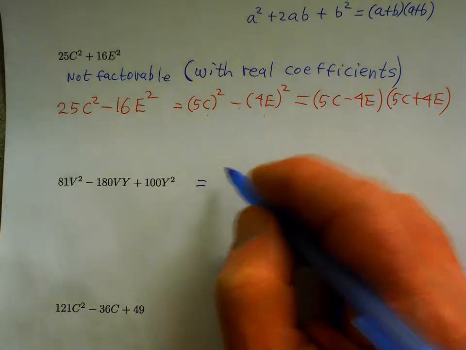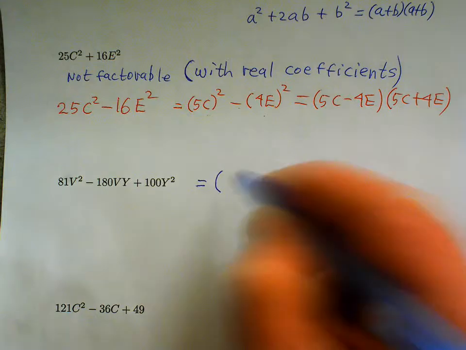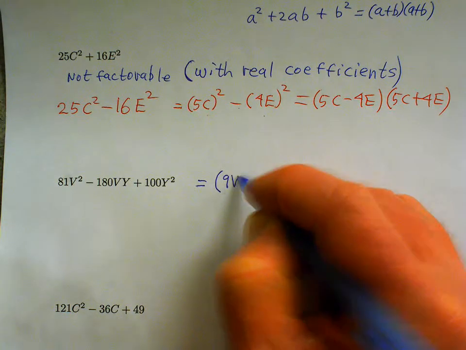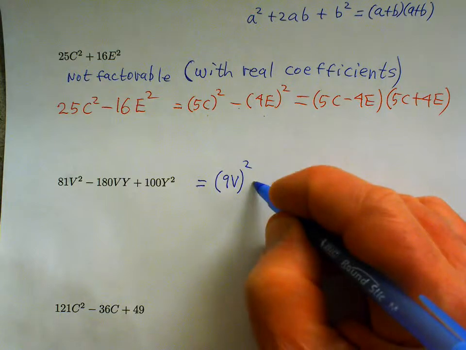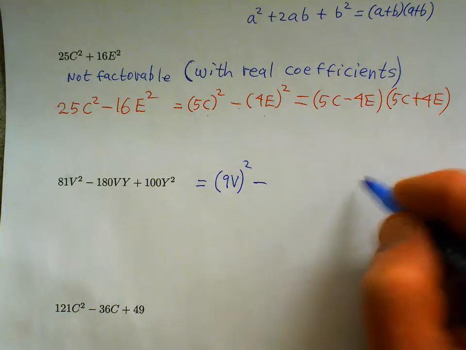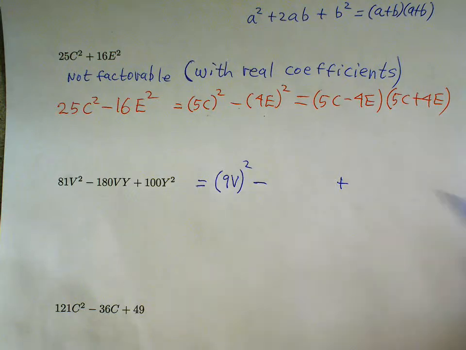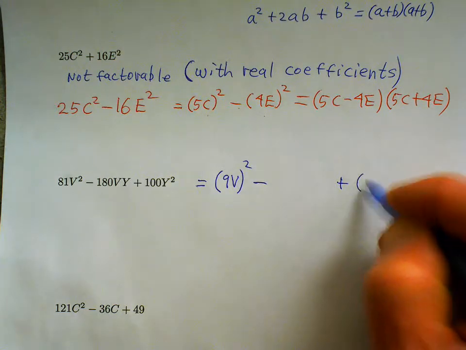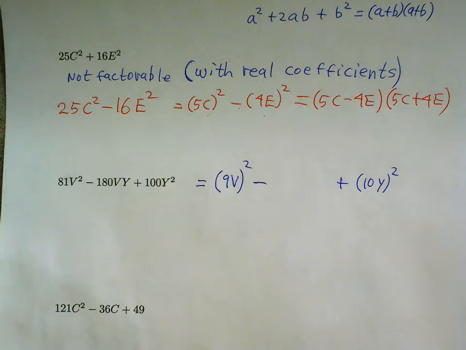Notice the term on the left, 81v to the second, that's a perfect square because if you square the term 9v, you get 81v to the second. The term on the right is a perfect square, 100y to the second, because if you square the term 10y, you get 100y to the second.